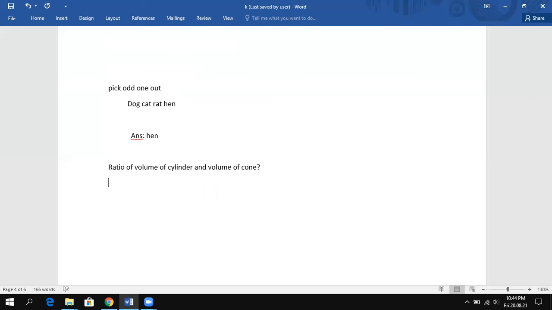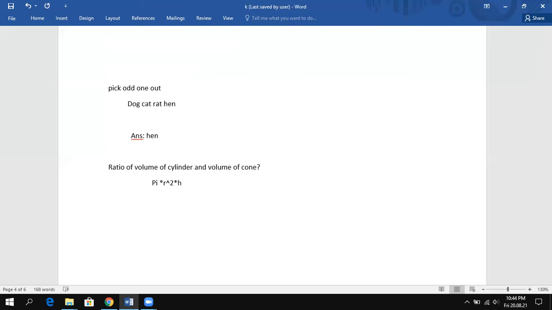And we were asked to find the ratio of volume of cylinder and volume of cone. So what is the volume of cylinder formula? It's nothing but pi r square h, right? In my keyboard I don't have pi, so let me write pi into r power 2 into h.